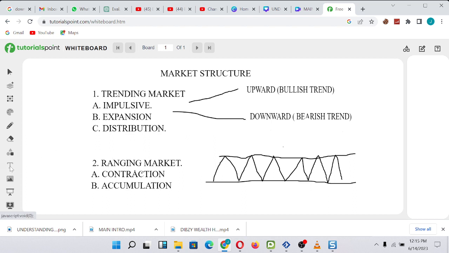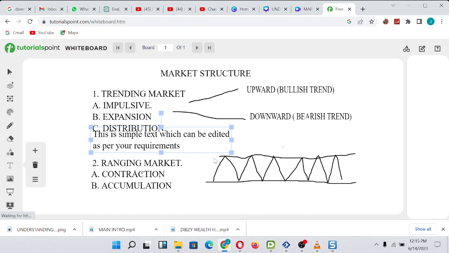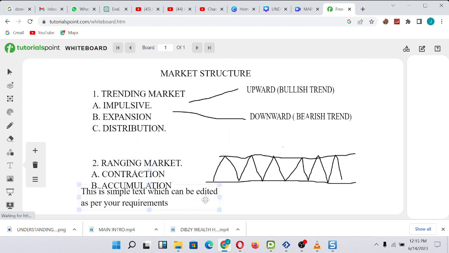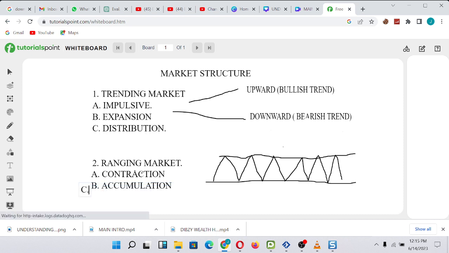You can actually add it here that the market is what? Consolidating as well. Okay? So let's leave that. Okay, let me just add it. Consolidation.